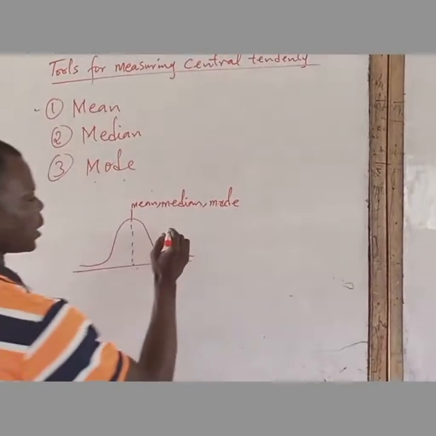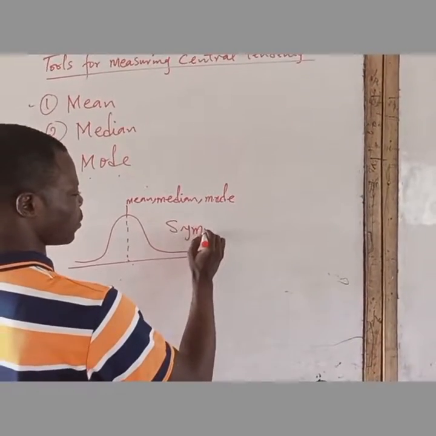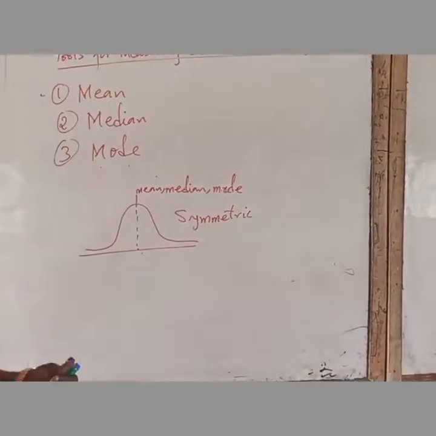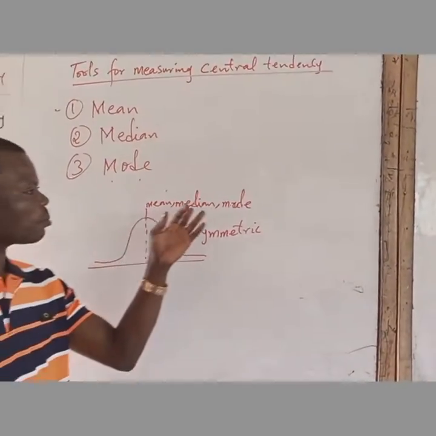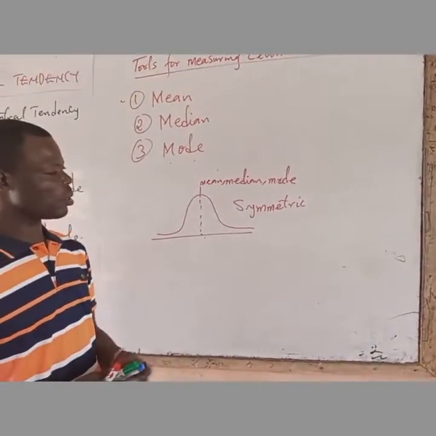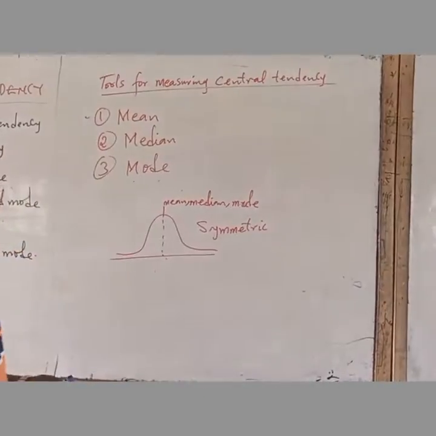We say it is symmetric. So for the given set of data, the mean, median, and mode lie at the same point. So we say it is symmetric.